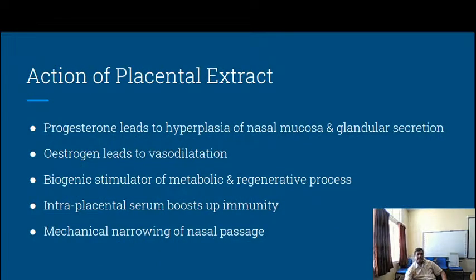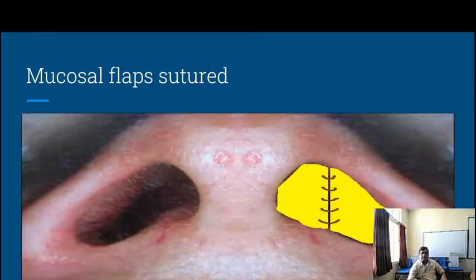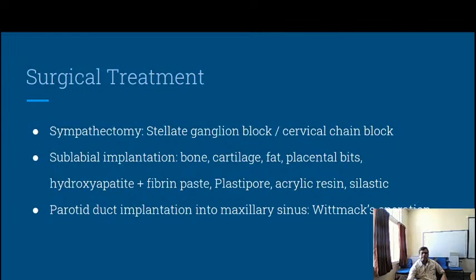The other methods of medical management are progesterone, estrogen, and some biogenic stimulators of metabolic and regenerative processes. The mechanical narrowing of the nasal passages usually comes in the surgical procedures. Now, there are various surgical procedures that have been employed in this.